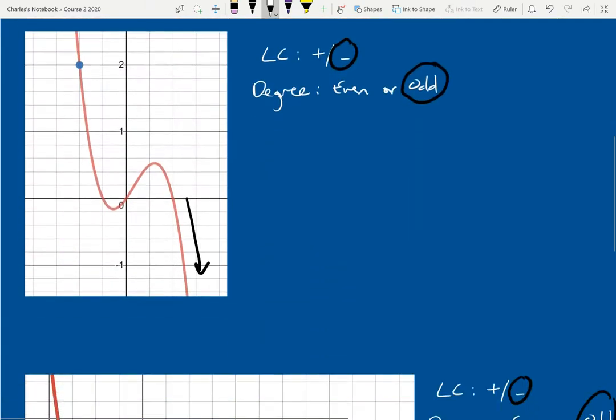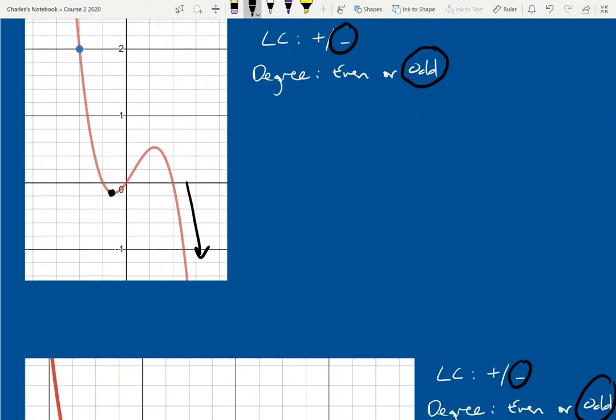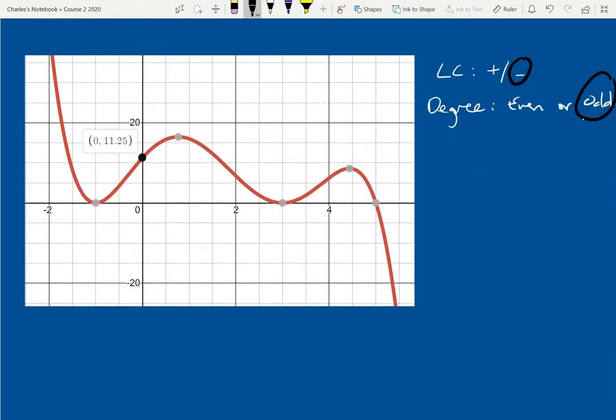In all these examples, the degree is one more. So in this case, there's two turning points, so the degree is 3. In this case, I have 1, 2, 3, 4 turning points, and the degree is going to be 5.